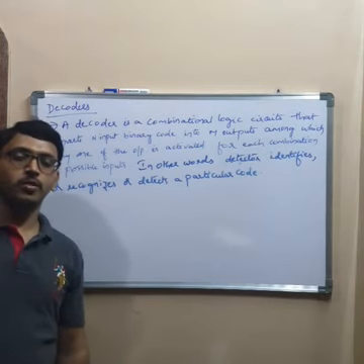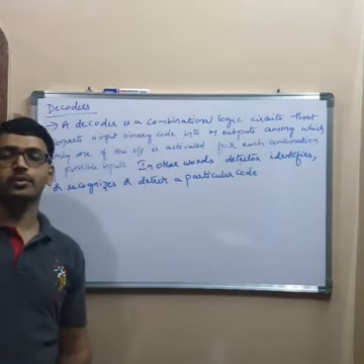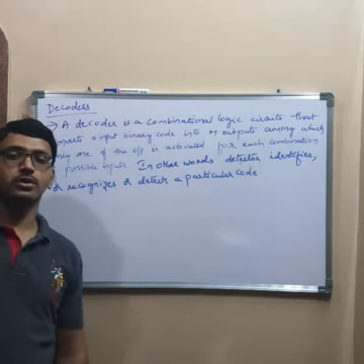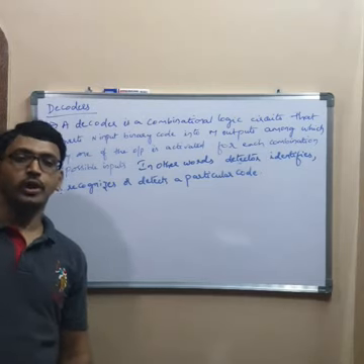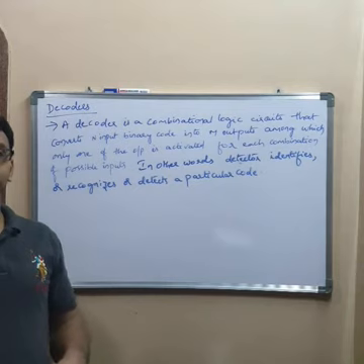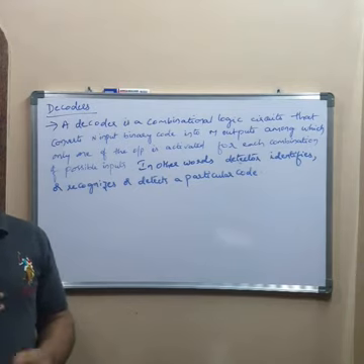An encoder is a combinational logic circuit. It is used to convert the given inputs into a coded representation of the output. Encoder in the sense you are encoding the given input data.